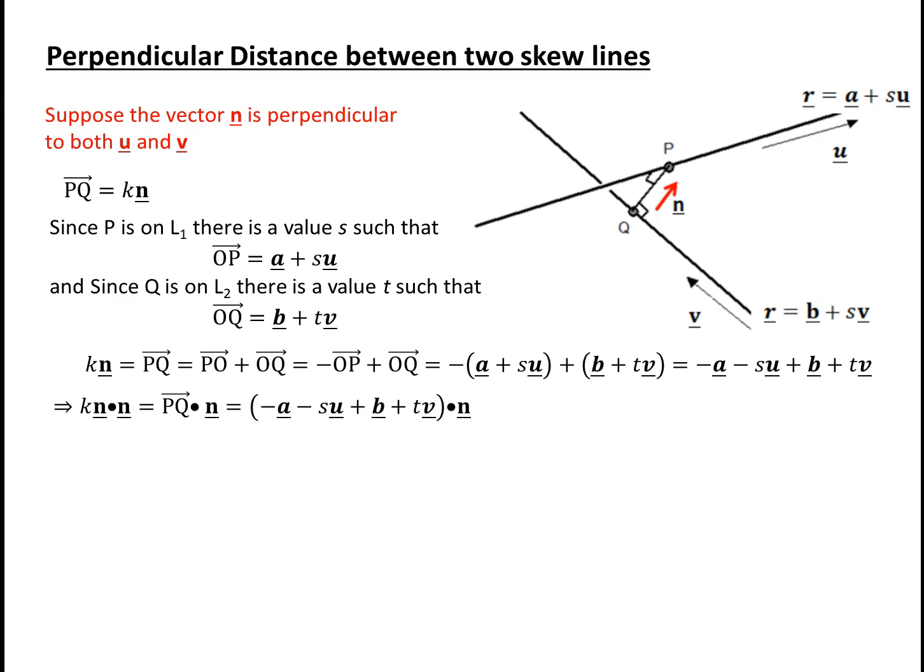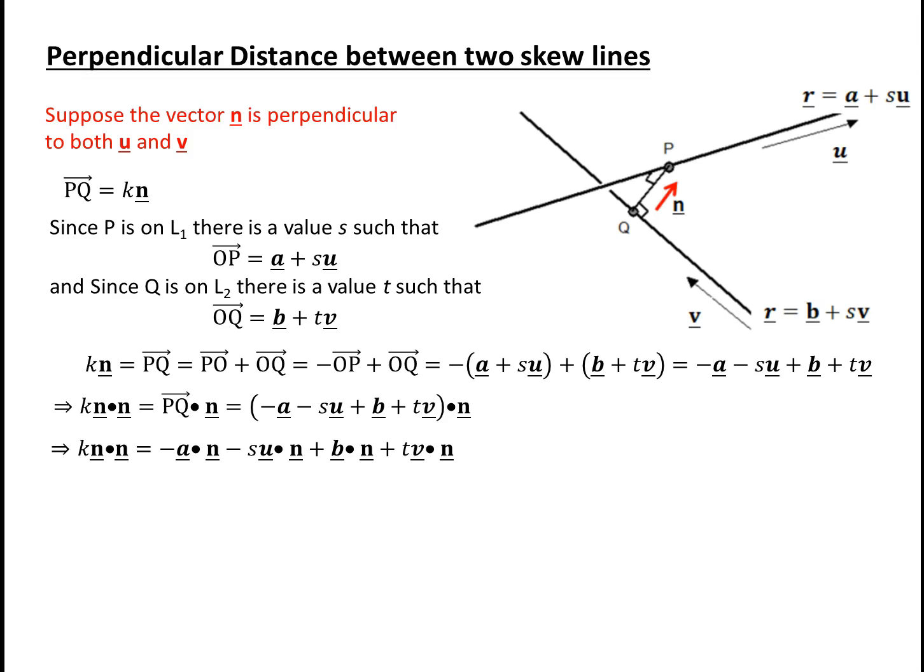The right hand side is going to become the scalar product of (minus A minus SU plus B plus TV) dot n. Now we'll multiply out the bracket. So we've got k times the scalar product n dot n equals minus A dot n minus S times U dot n plus B dot n plus T times V dot n.